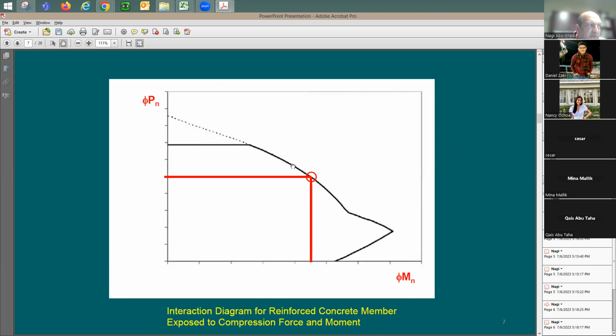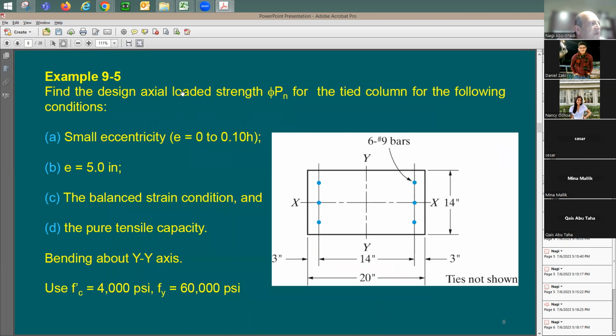This is here an output from a software, PCA column. If I give you here the axial load on the column, you can figure out Mmax. Or if I give you here M sub U, you can figure out the capacity of the column under this given moment condition. We have an example.